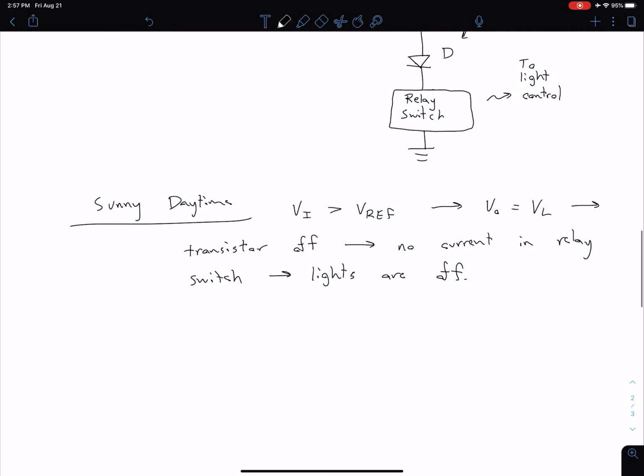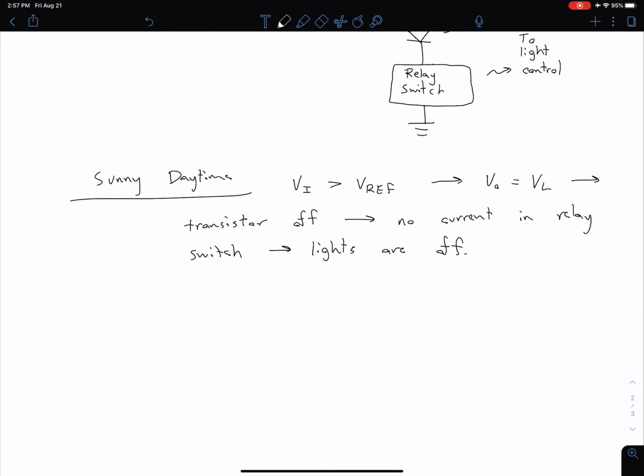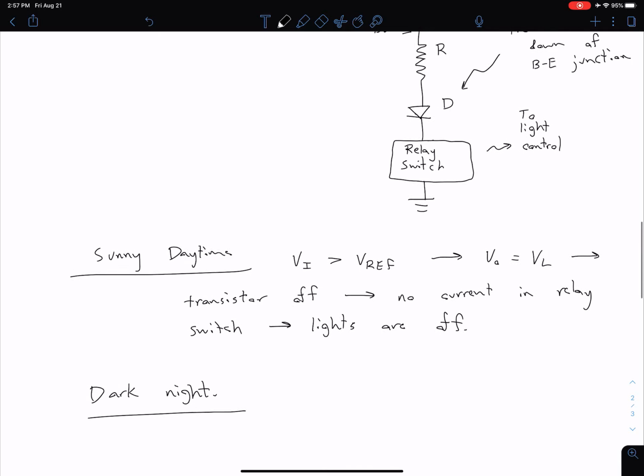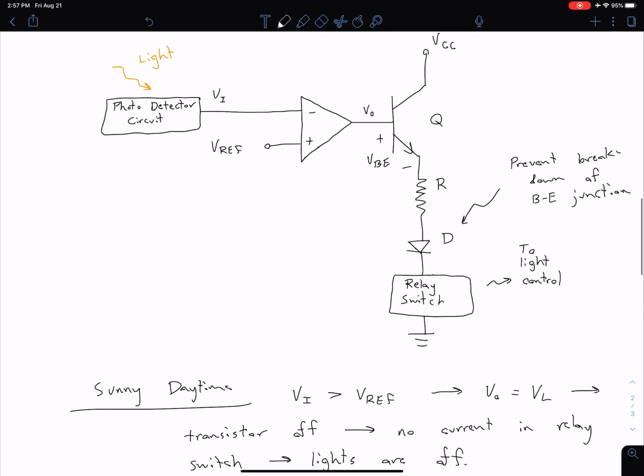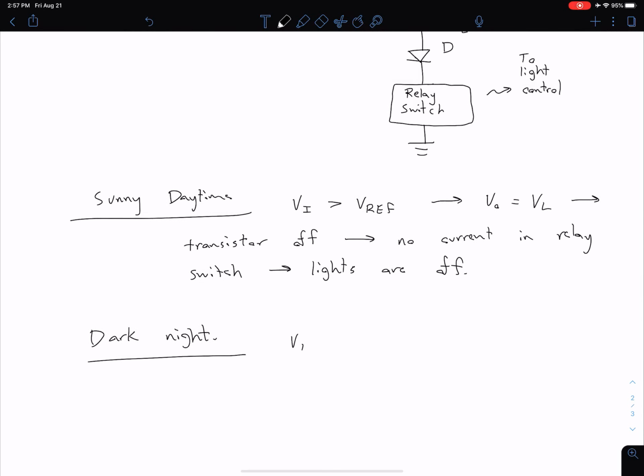Okay, so our other extreme, of course, would be if we are in the middle of the night and maybe there's no moon, maybe there's a lot of cloud coverage, so it's very dark. In this case, we don't have any photons, or not nearly enough photons coming in to create a large VI. So we have VI less than VREF. And so we can think about our simple comparator circuit, and in this case, that means our Vout is going to be V high.